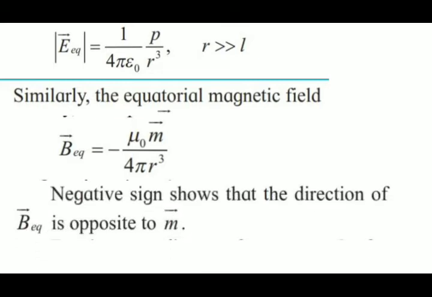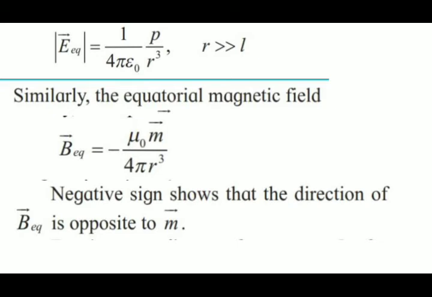Now here the negative sign shows that the direction of B equator is opposite to the magnetic pole strength. So that's why it is having minus of this. Fine. So this is all regarding the B axis and B equator.